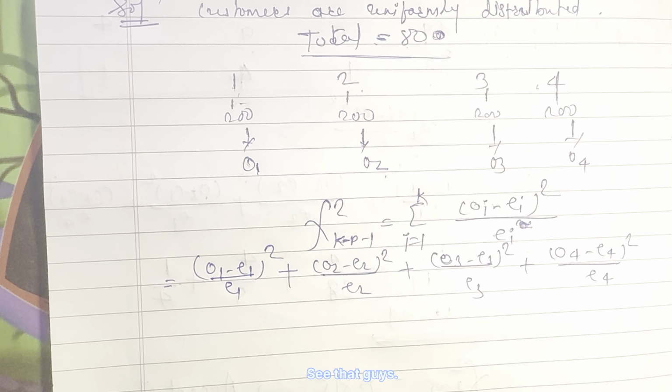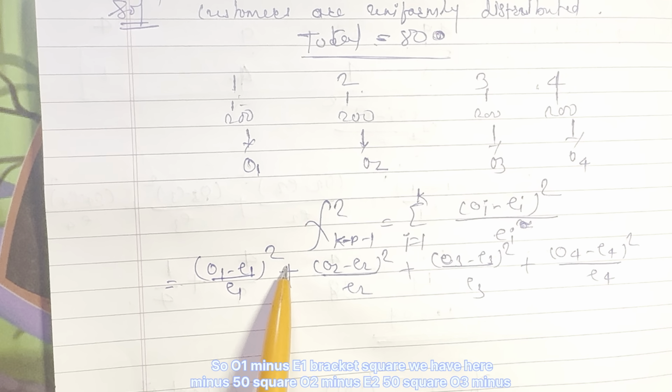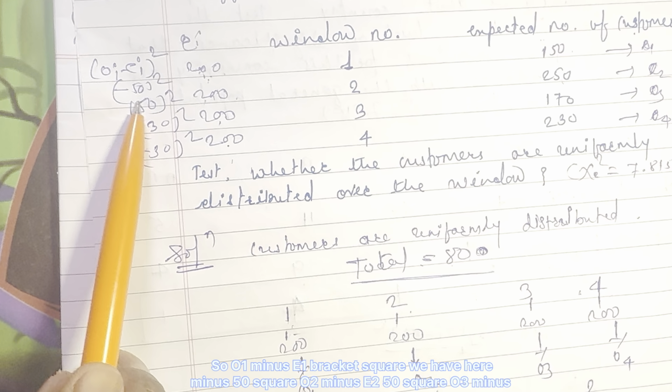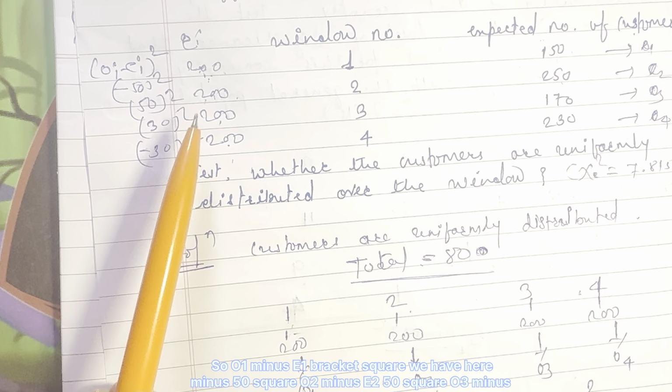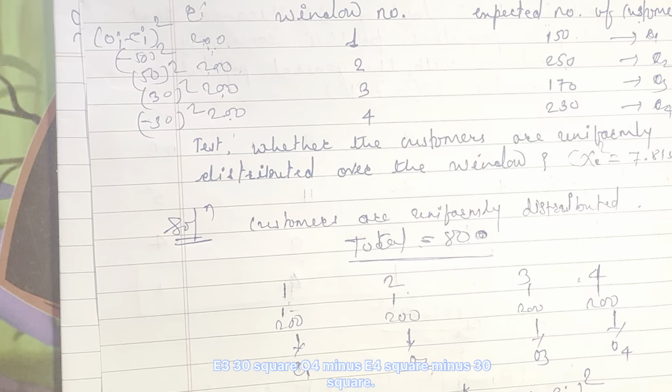See that, guys, these are the 4 values that we want here. So O1 minus E1 squared is minus 50 squared, O2 minus E2 is 50 squared, O3 minus E3 is 30 squared, and O4 minus E4 is minus 30 squared.